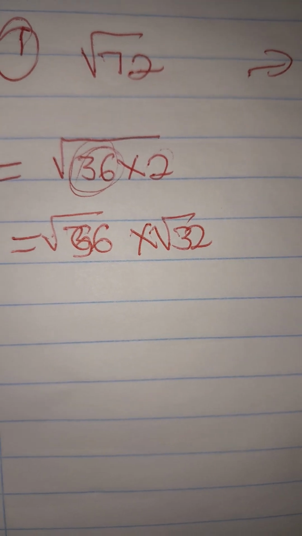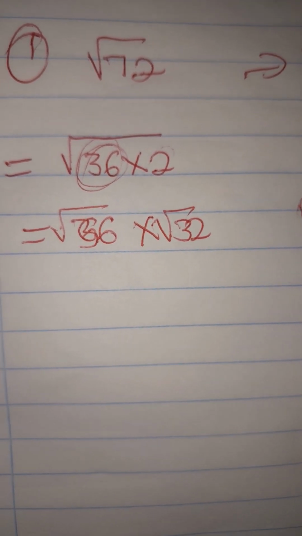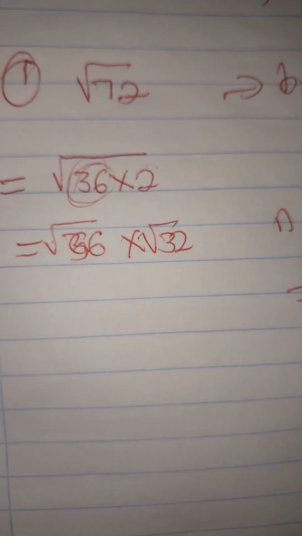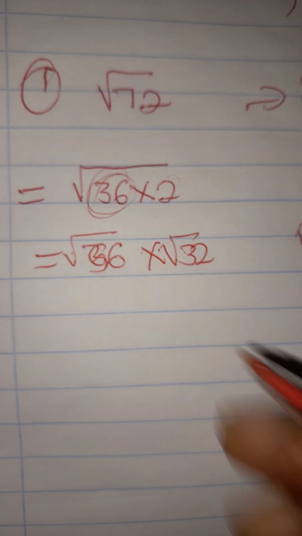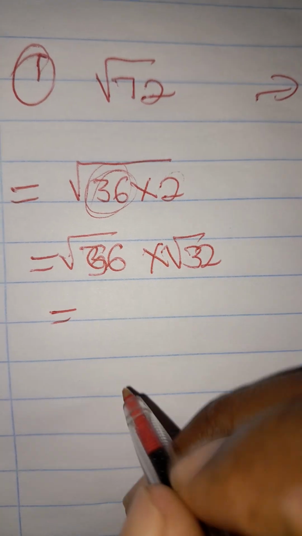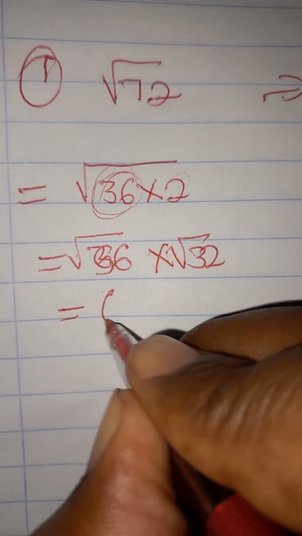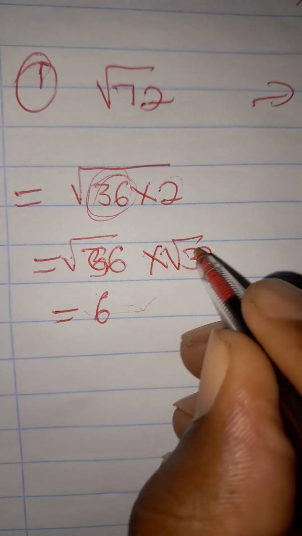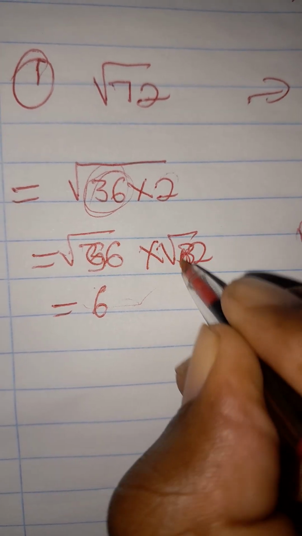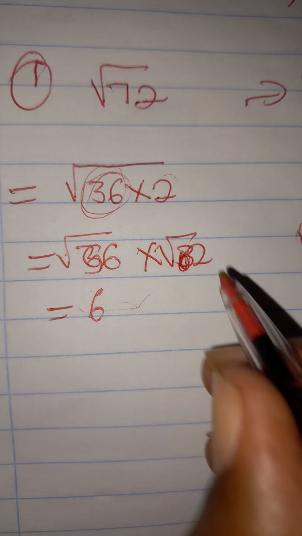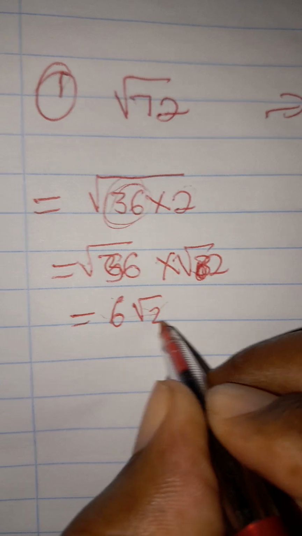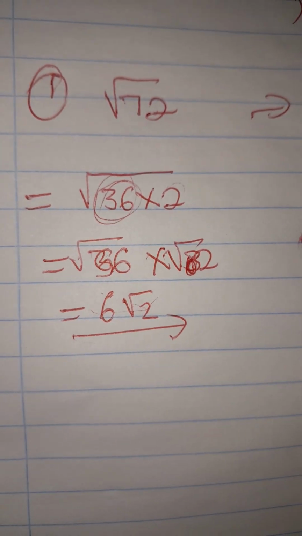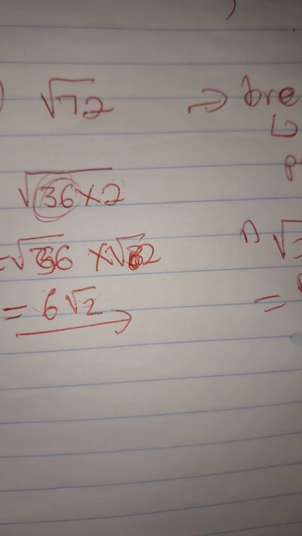It's a law of sets. Remember that the laws of exponents and sets are still applicable. You must have knowledge of the laws of sets, right? Okay, then what are the factors of 36? The root of 36 is 6. What are the factors of 2? The root of 2 is root 2. So this will be the solution: 6 root 2. We don't continue further from here.